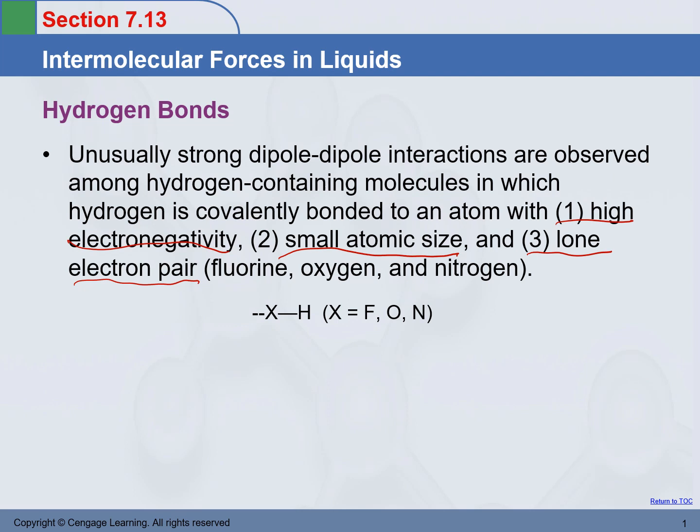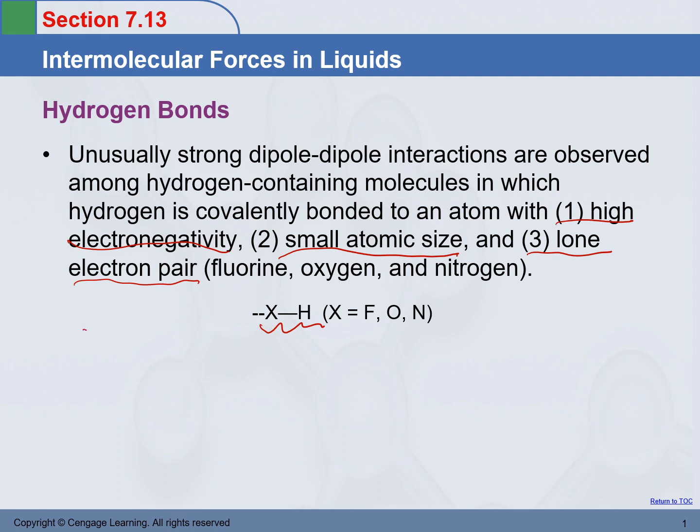Because it is an intermolecular force, I'm going to draw two molecules. And because it is unique for hydrogen bonded to the atom fluorine, oxygen, or nitrogen, when we draw the molecules, I'm going to focus on the bond between hydrogen and the atom.